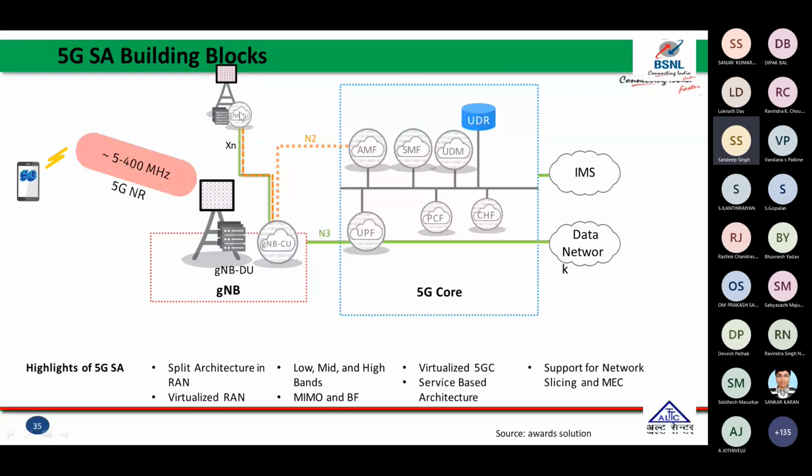There are different network functions: AMF, SMF, UPF, PCF. There are different interfaces: N1, N2, N3, N4. Some of the interfaces used in the core network control plane are known as service-based interfaces, SBI.